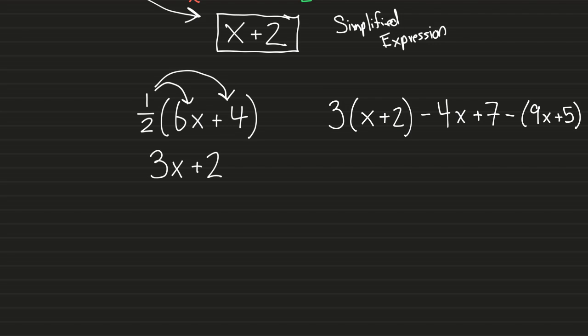Now this is way more complicated. There's a lot more going on here. I think you could probably start to see where we would start to tackle it. We'd start doing our distribution. We could do that. We'd figure out that that's 3x plus 6. We would bring this stuff that's not in a group down with us, 4x plus 7. And then we run into this situation.